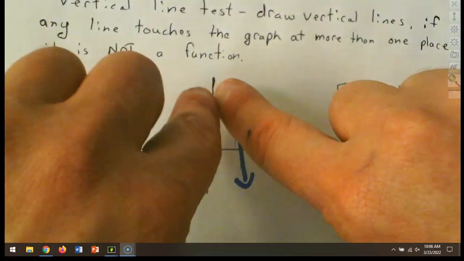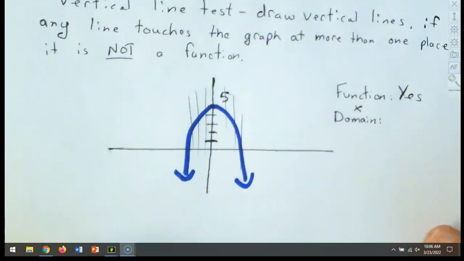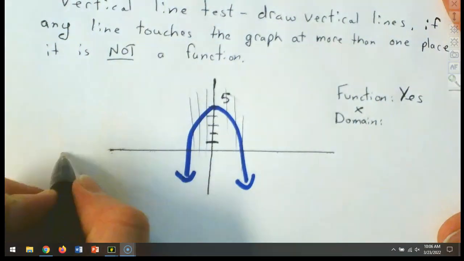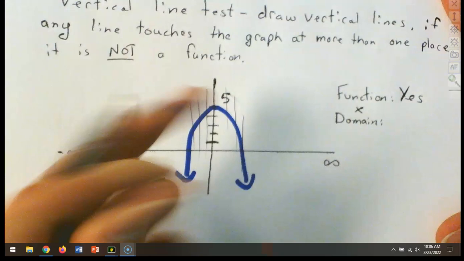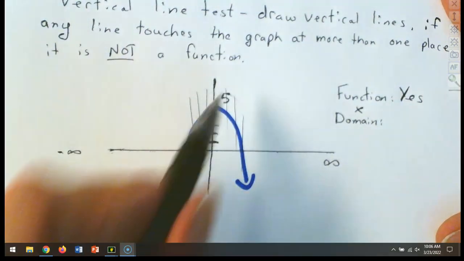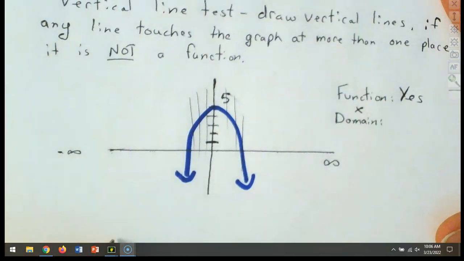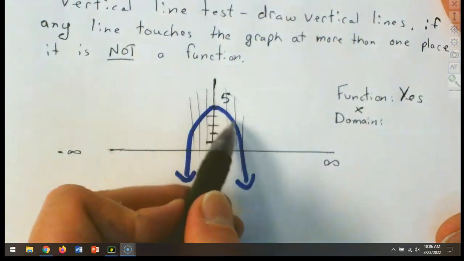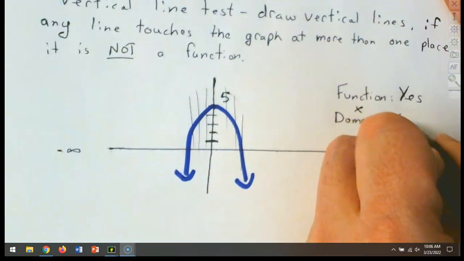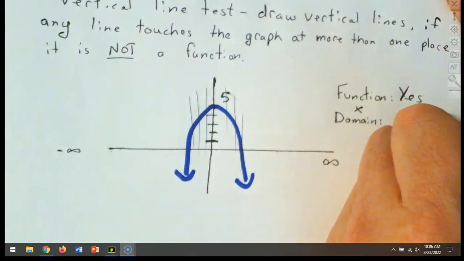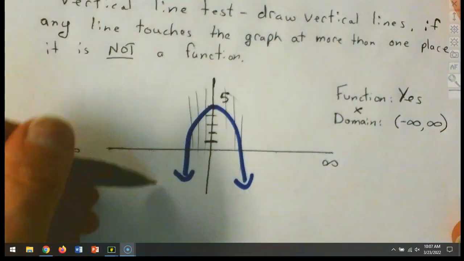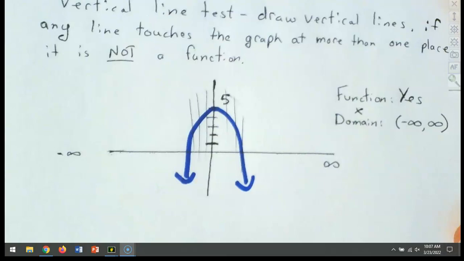So it goes down and out to negative infinity, right? And down and out to positive infinity. So my domain would be negative to positive infinity, because it goes to the left, goes to the right.